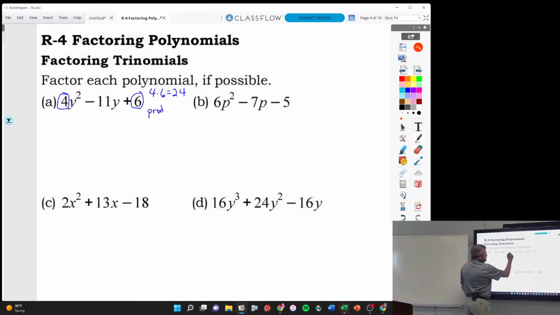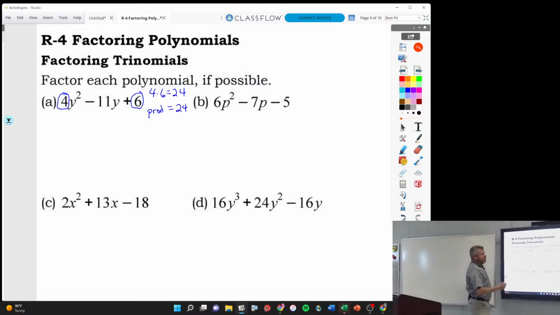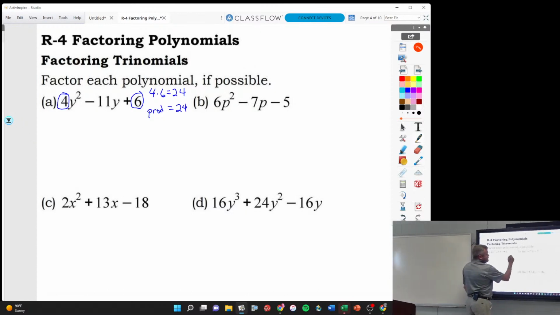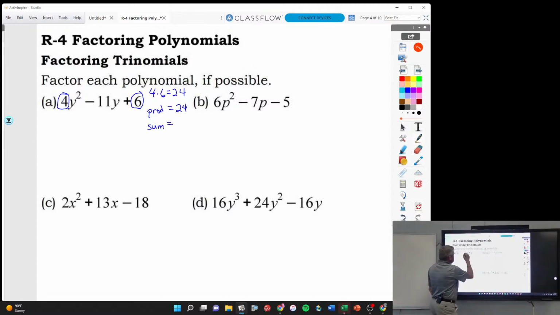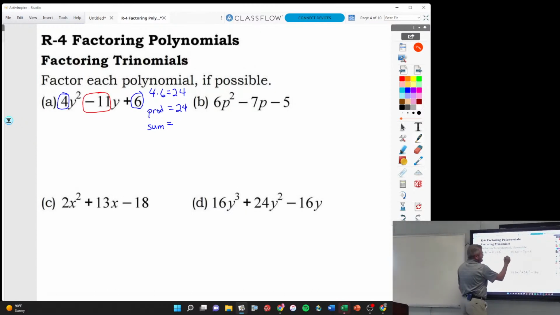That means if I multiply these two numbers together, I get 24. But keeping those same two numbers, I want to be able to combine them, so get a sum of my middle term, which is negative 11.